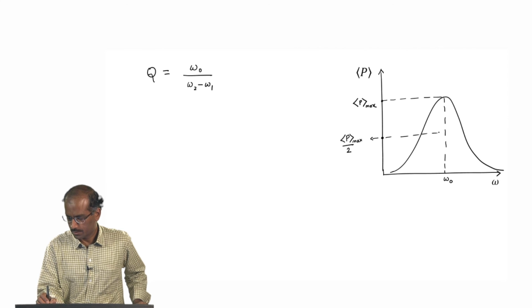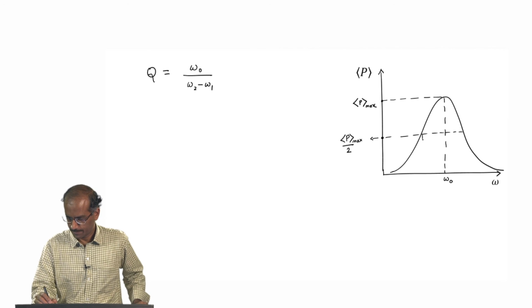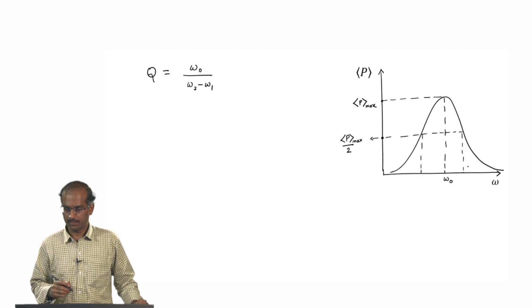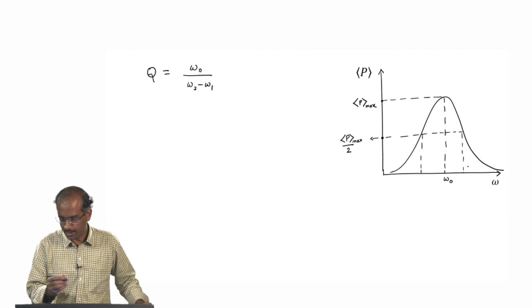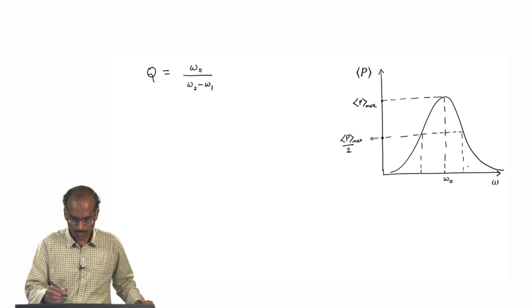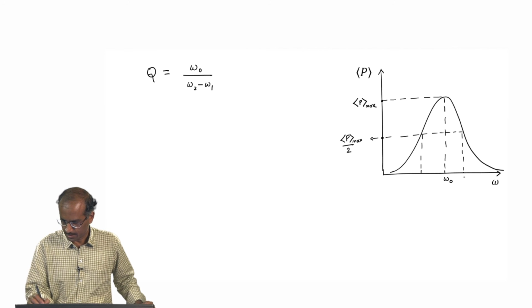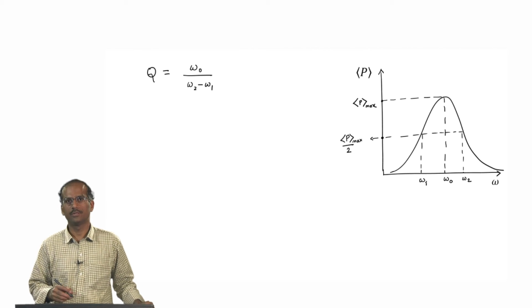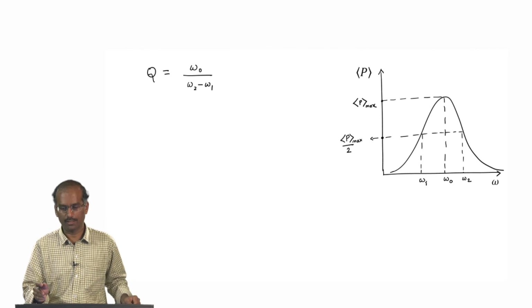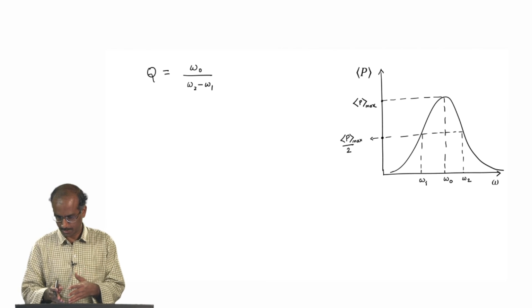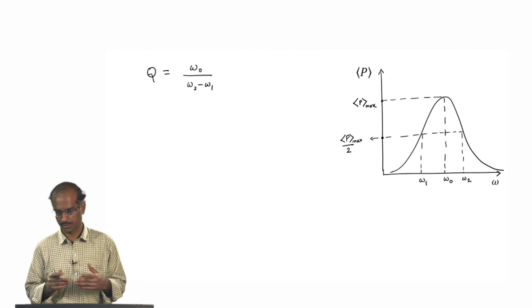and the two values omega 1 and omega 2 are so defined that omega 2 is this, omega 1 is this. So, in general this curve is a symmetric curve about omega 0, but it is my poor drawing that it looks as though it is not symmetric.